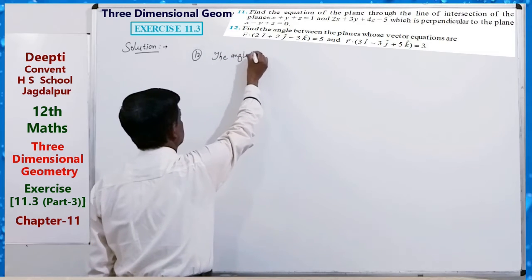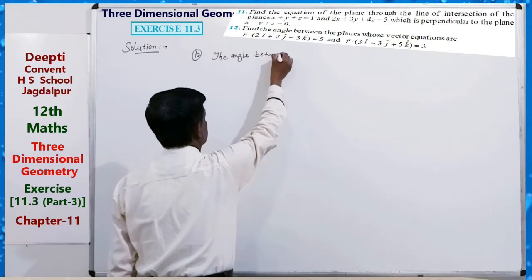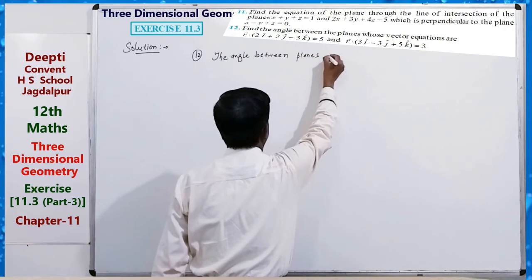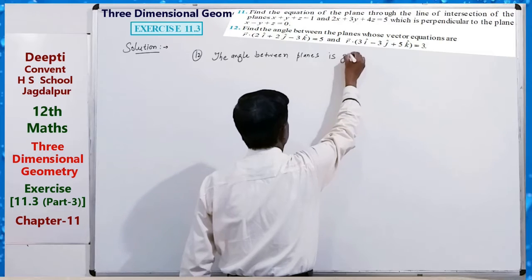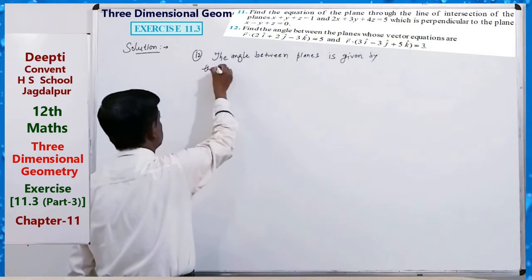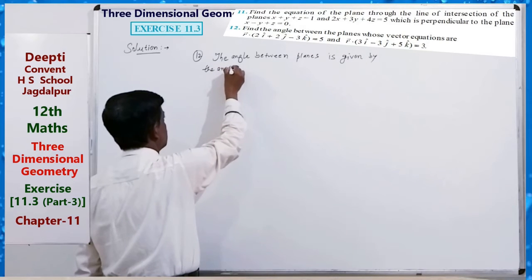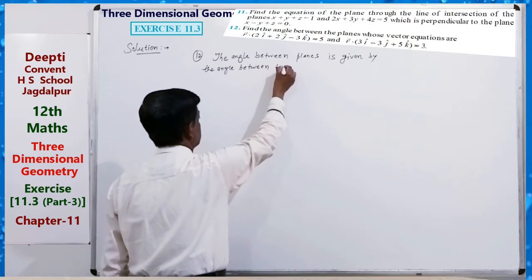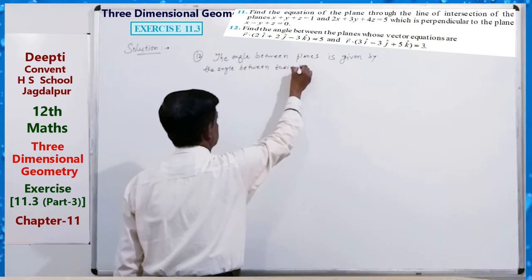The angle between planes is given by the angle between their normals.